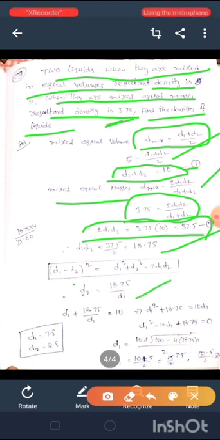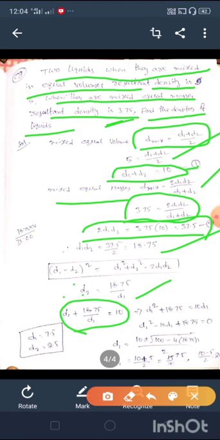This d2 value is substituted in equation 1. d1 plus 18.75 by d1 is equal to 10. From this equation we can write d1 square plus 18.75 is equal to 10 d1.